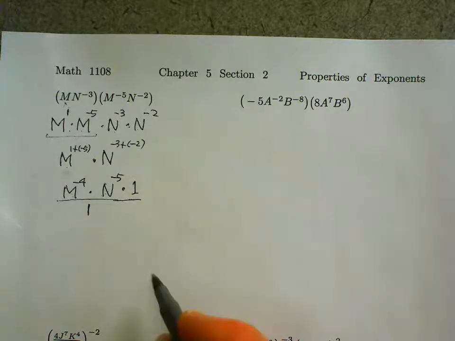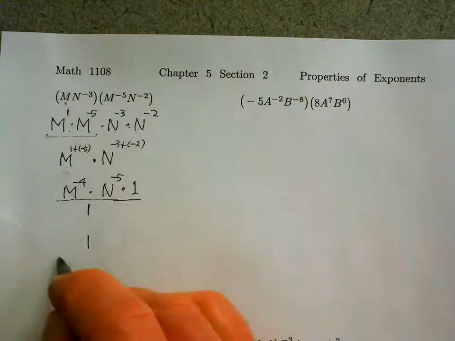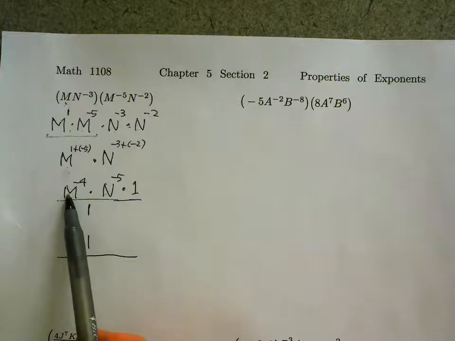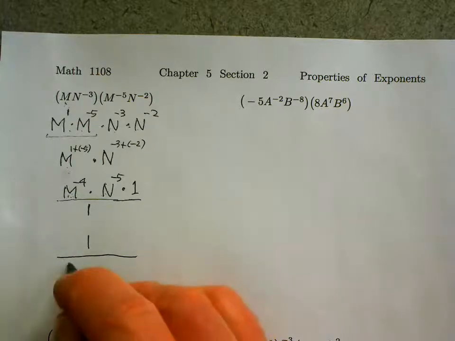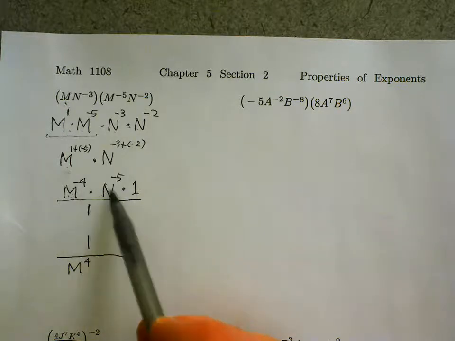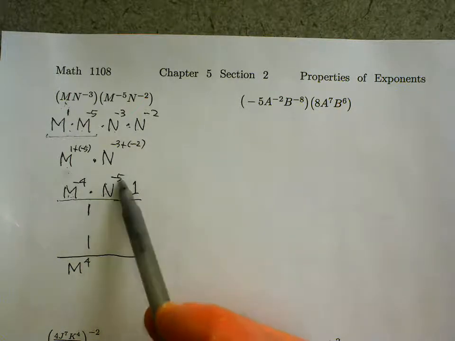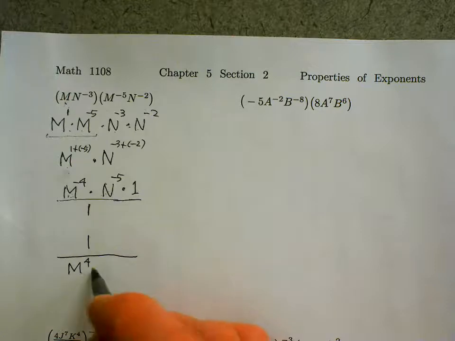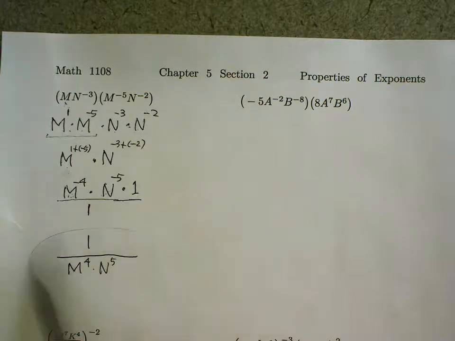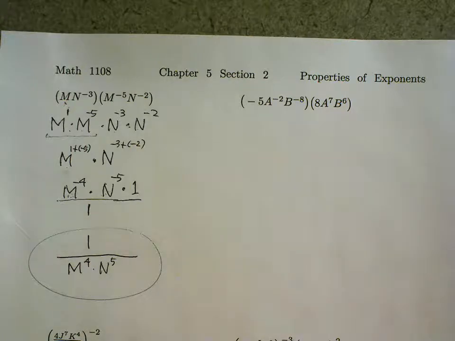And then the last step, m to the negative 4 in the numerator is equivalent to m to the positive 4 in the denominator. And then the factor n to the negative 5 in the numerator is equivalent to n to the positive 5 in the denominator. So that is our simplified result.